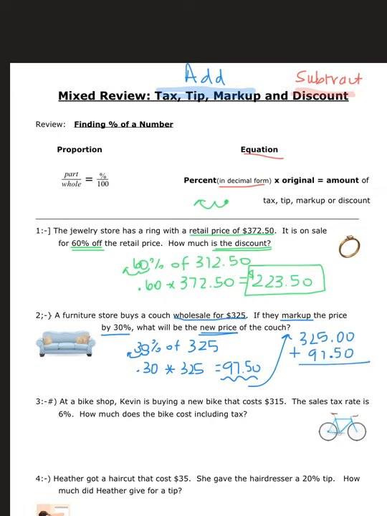When I add that up, I end up with $422.50. That's how much the furniture store is going to sell their couch for. So for that question, finding the new price, we had to do the extra step. Problem number 1 only asked for the discount, so we just found the percent of the number.